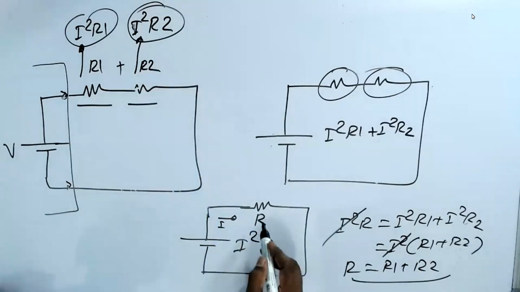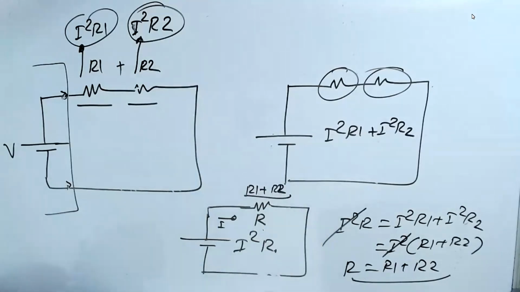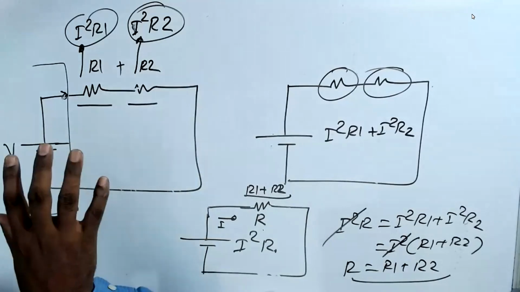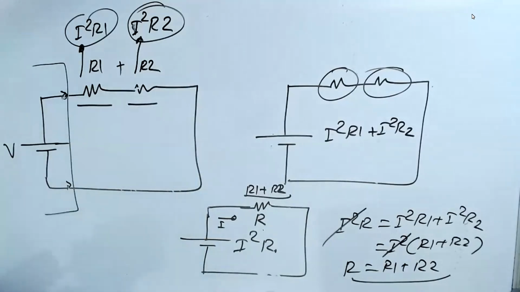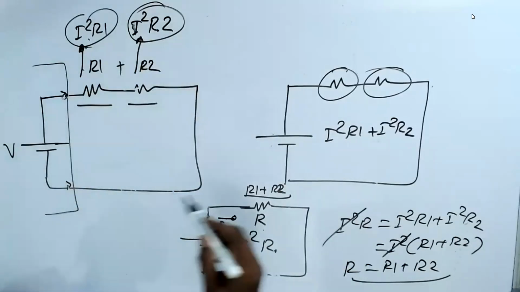I just explained why you are adding. Most of us know that if I connect two resistors in series, we have to add them. Now I'm explaining how we are adding them. It is because the power produced by each one is I square R, and that is the way we get the total.